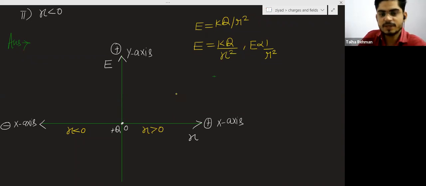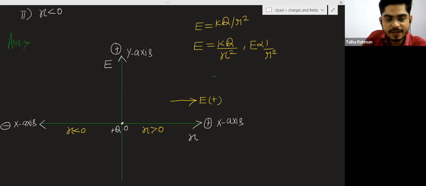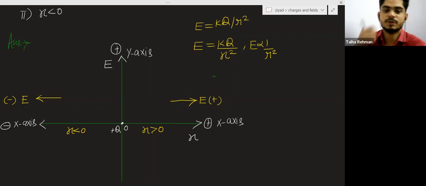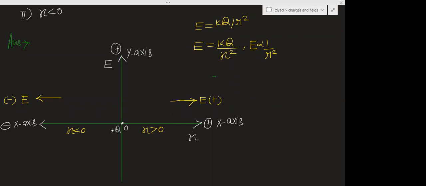for drawing this graph, you have to choose the direction of electric field. If the electric field is in this direction, you will take the electric field positive. If the direction of electric field is in this direction, you will take it negative.